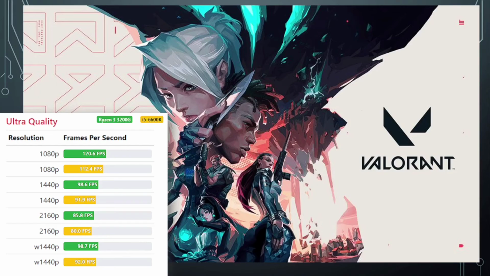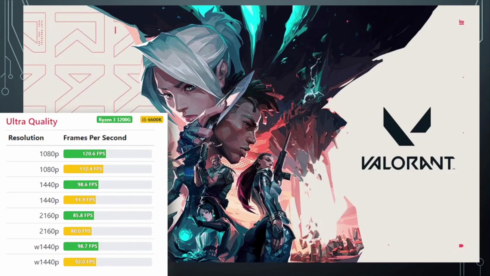We can see here the frames per second of the Ryzen 3 in the color green, and the Intel Core i5 6600K in yellow. At 1080p, the Ryzen 3, the green one, has 120.6 FPS, and the Core i5 has 112.4 FPS.